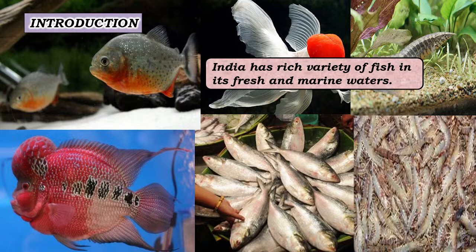Golden revolution means pulses? No, that is golden fiber. Golden fiber is jute. Golden revolution is not wheat. White is milk, green is wheat. Got it. Next.